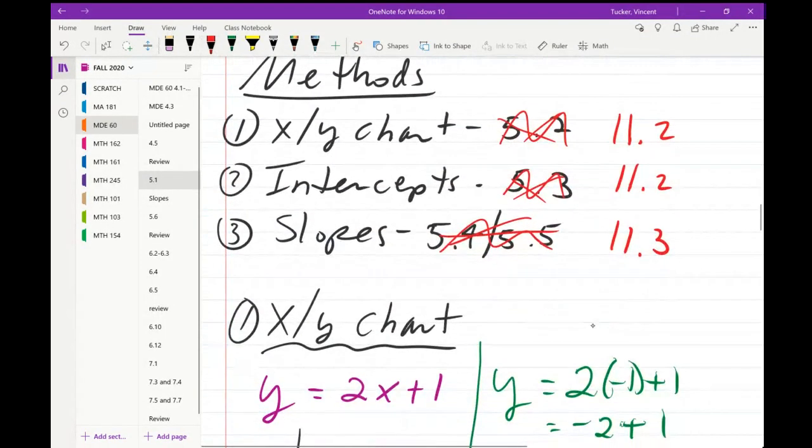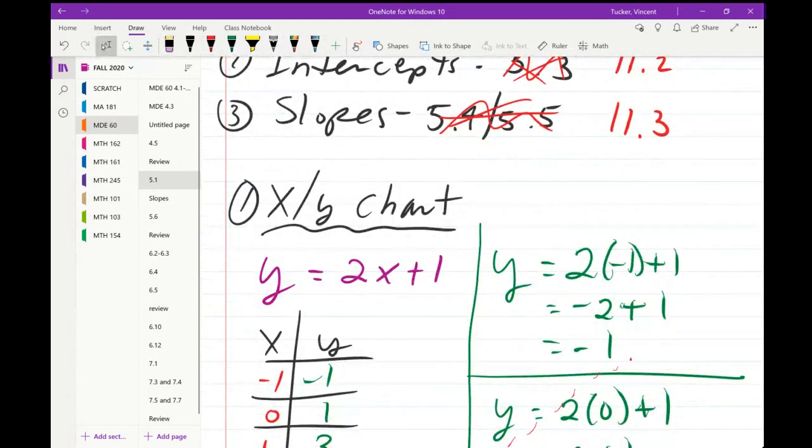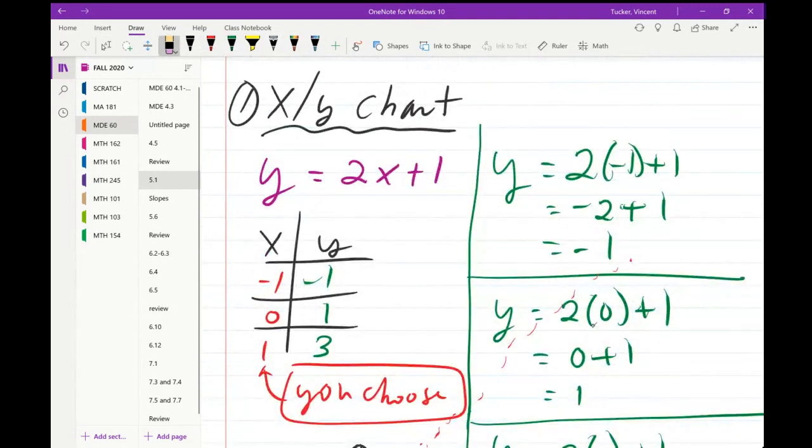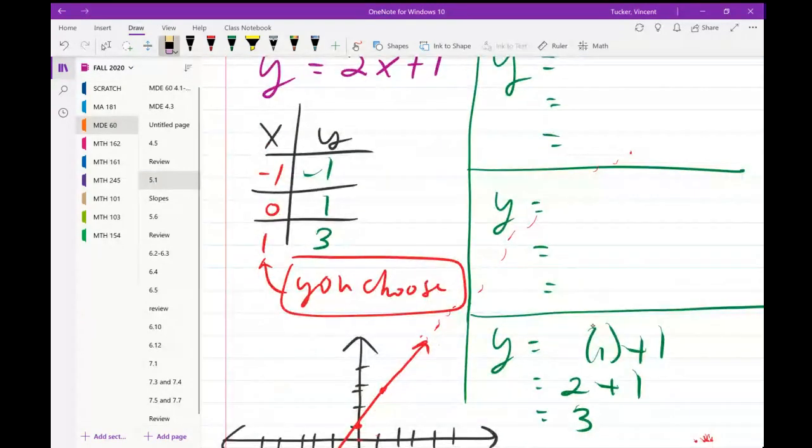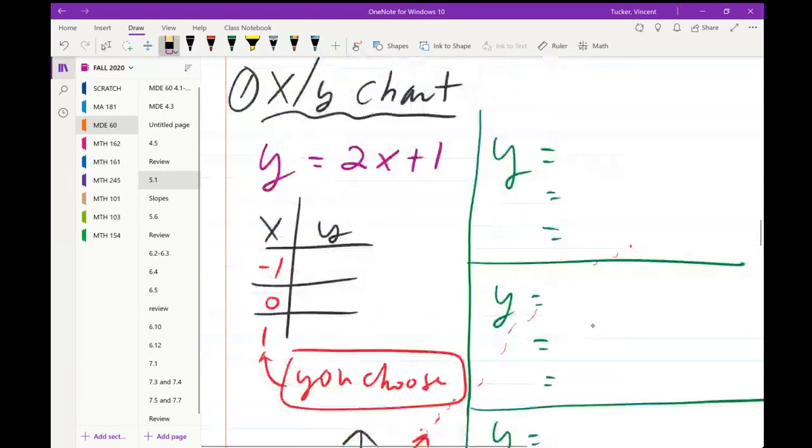All right, so let's look at the first method. Erase this stuff so we can go through the process. All right, so we're going to create an XY chart.